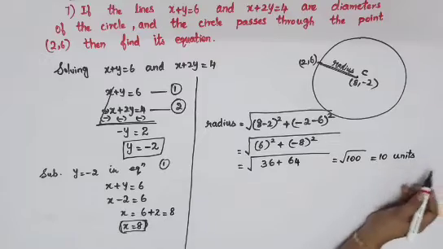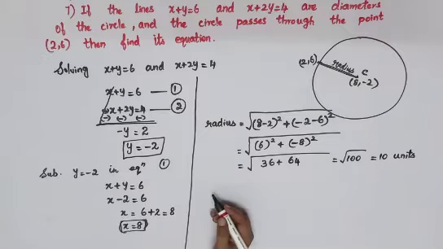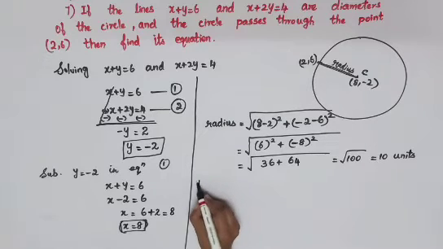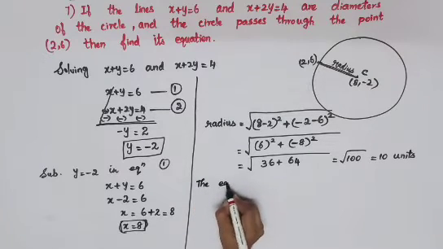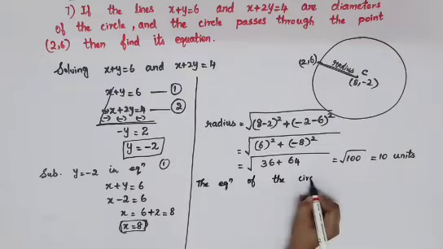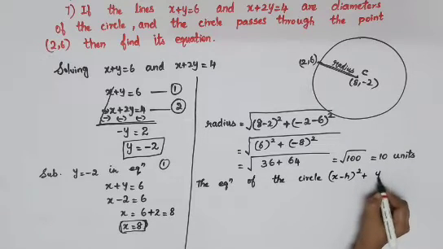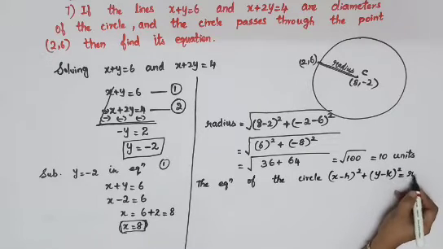That is your radius. Now your radius is there and your center is there, so you can write your equation of a circle. The equation of the circle is x minus h the whole square plus y minus k the whole square is equal to r square.